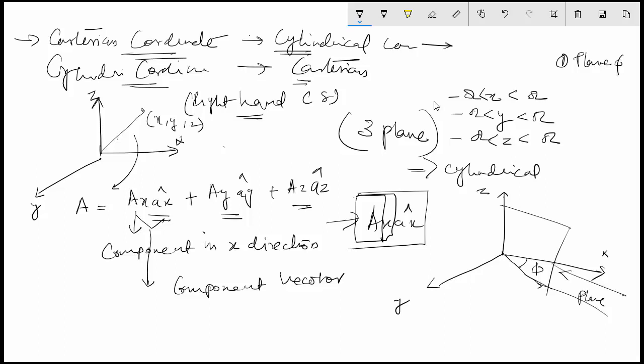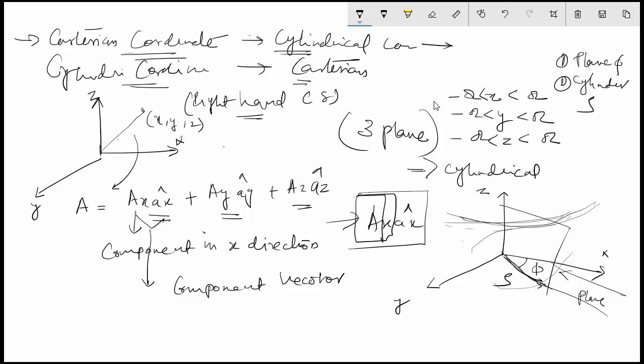And the next is the plane of z axis. And the next is what is known as a cylinder of radius rho. So this is my rho radius and this is my cylinder. So from here, whatever is there, I will form a cylinder.